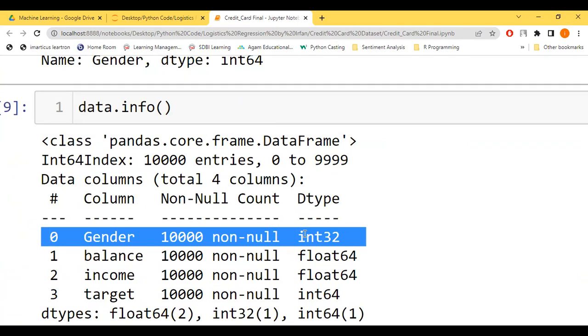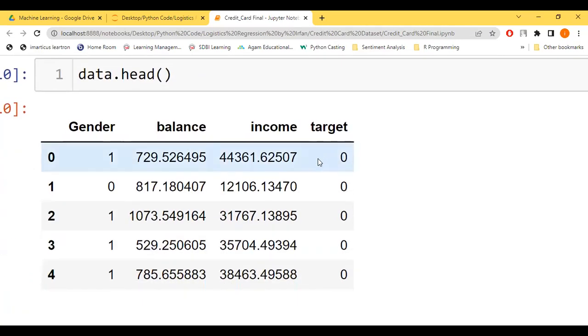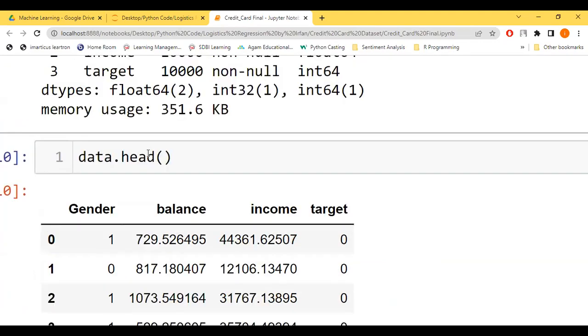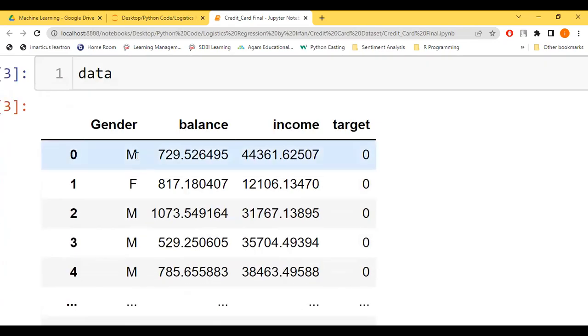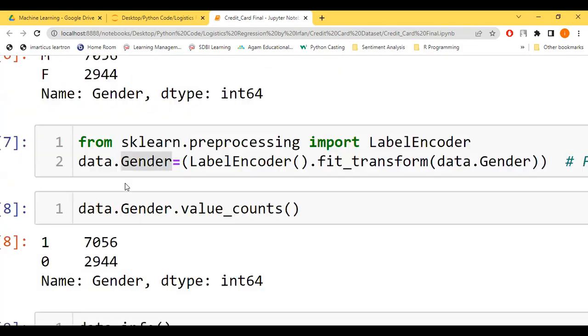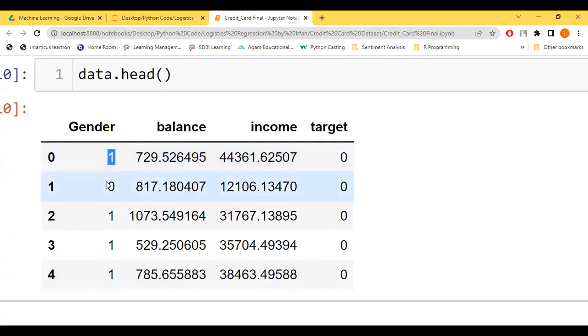After converting to 0 and 1, it has become integer. Again, we check the head. See, if you look at the prior one also, guys, what comes first? Female. Clear, easy.